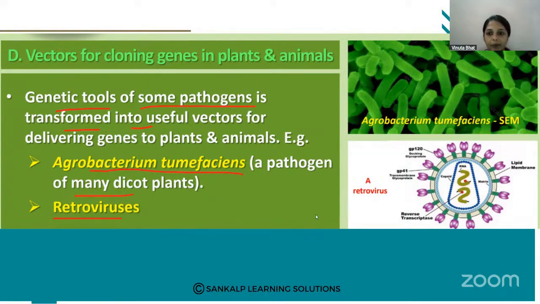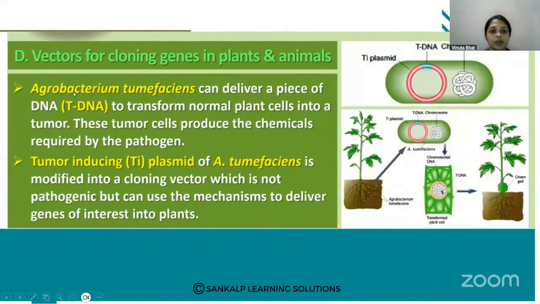Agrobacterium tumefaciens can deliver a piece of DNA to transform normal plant cells into a tumor. These tumor cells produce the chemicals required by the pathogen.